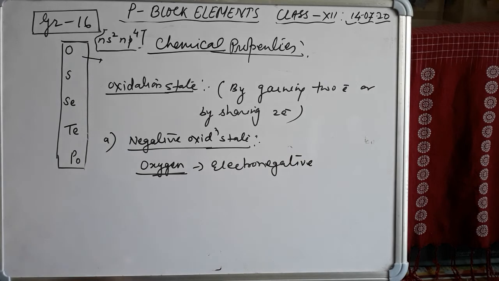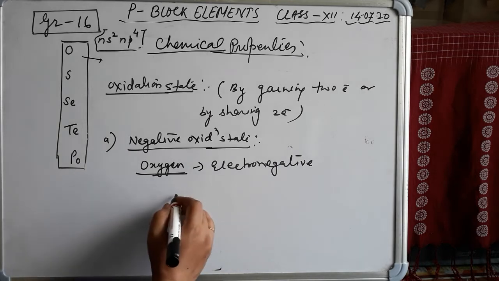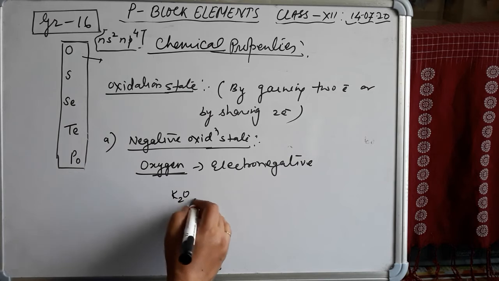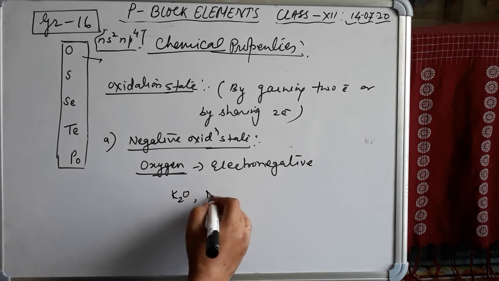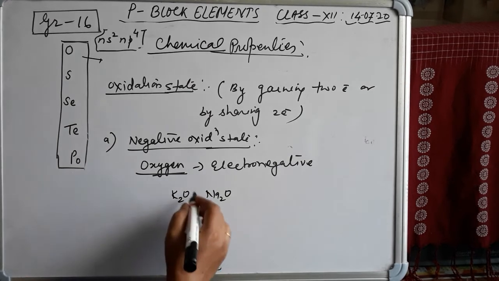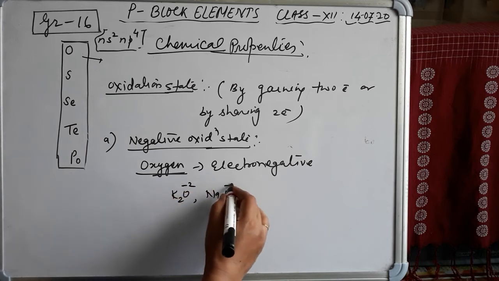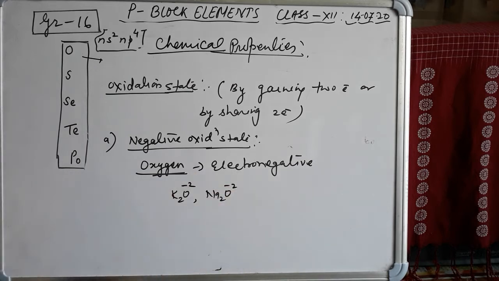Oxygen is most electronegative in nature, so it can take up 2 electrons to form compounds with electropositive elements such as metals, like potassium oxide and sodium oxide. In that case it shows -2 oxidation state.